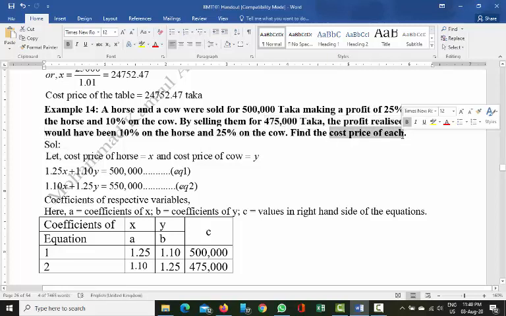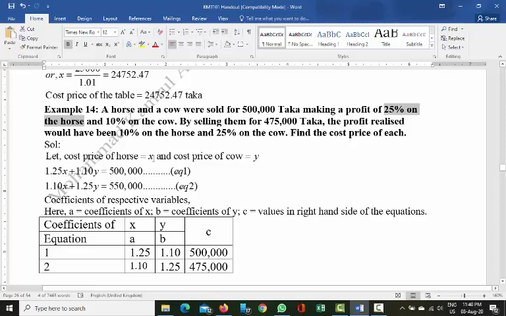Find the cost price of the horse and the cost price of the cow. So for example, let the cost price of the horse be X and the cost price of the cow be Y. If you sell at 5 lakh taka, you make a profit of 25% on the horse. 25% on the horse means if the price of the horse is 1 taka, you will make a profit of 0.25 taka, so the price becomes 1.25.